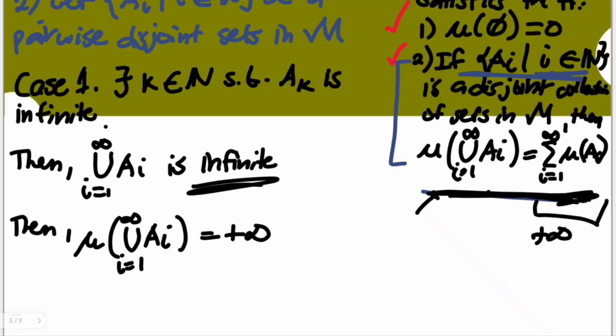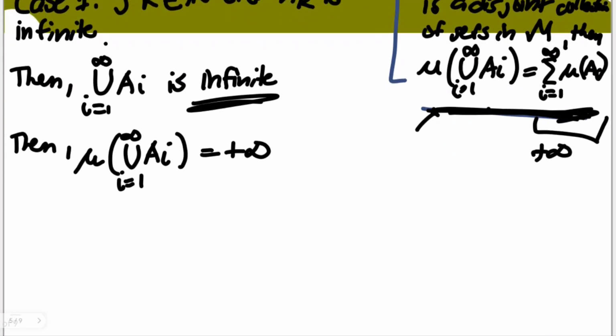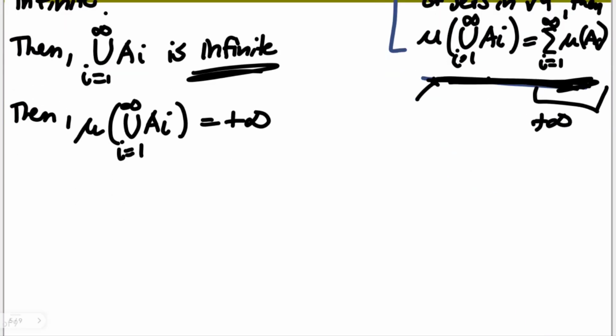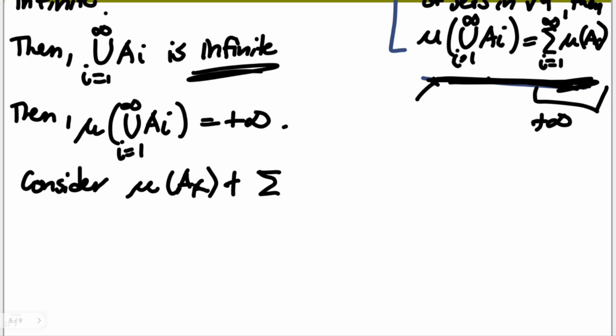Okay, so what if we have something like this? I would like you to consider here mu of a sub k being infinite, plus another summation of mu of a sub i for i not equal to k, meaning this is separate to that.